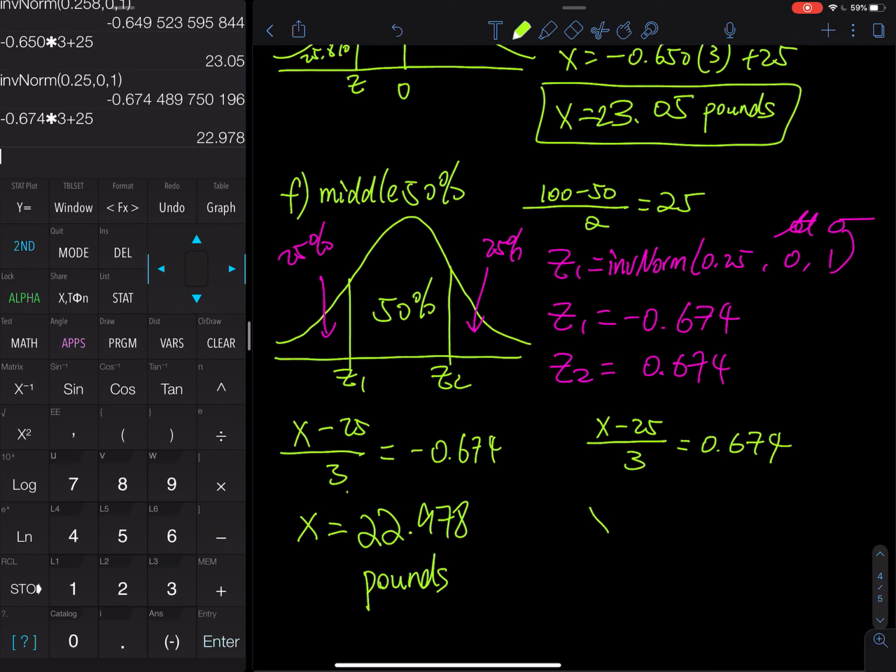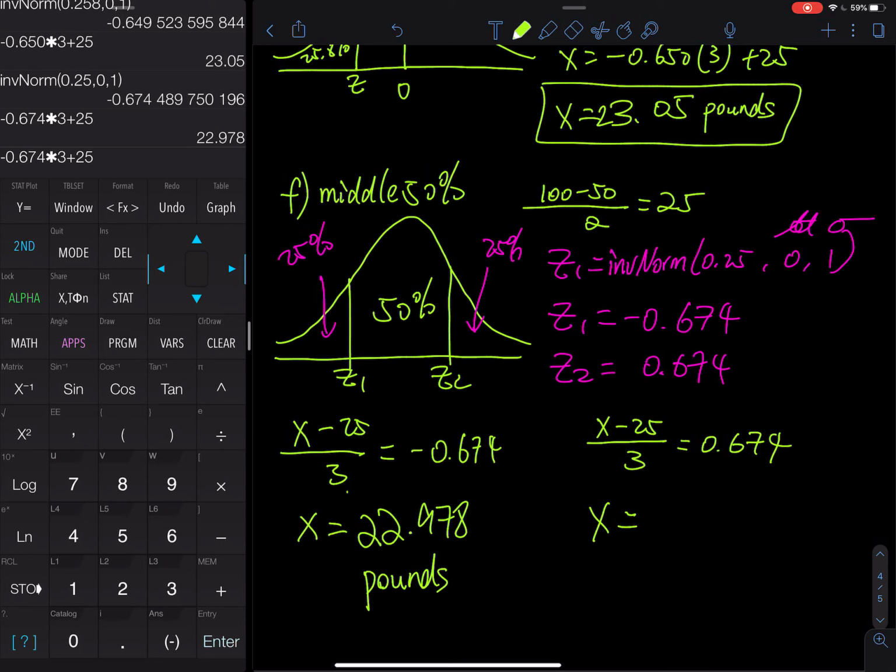And then on the other side, the only difference is there is no negative. So I am going to do some magic right here. Second enter. So the previous line pops up, but I have to remove the minus. So all I need to do is use the right arrow, and then on your calculator, you should put the cursor on the minus sign. So now the minus is flashing, right?